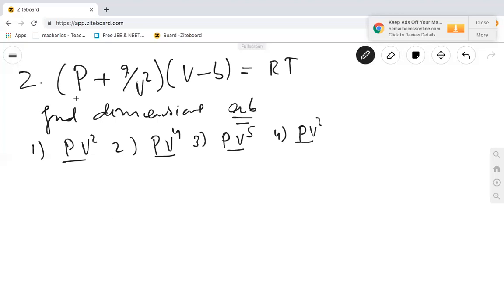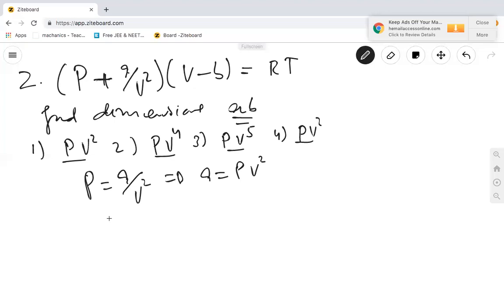Now, P and A by V square have the same dimension because they are added. So P is equal to A by V square, and that means A is equal to PV square, right? Now V and B have the same dimension.